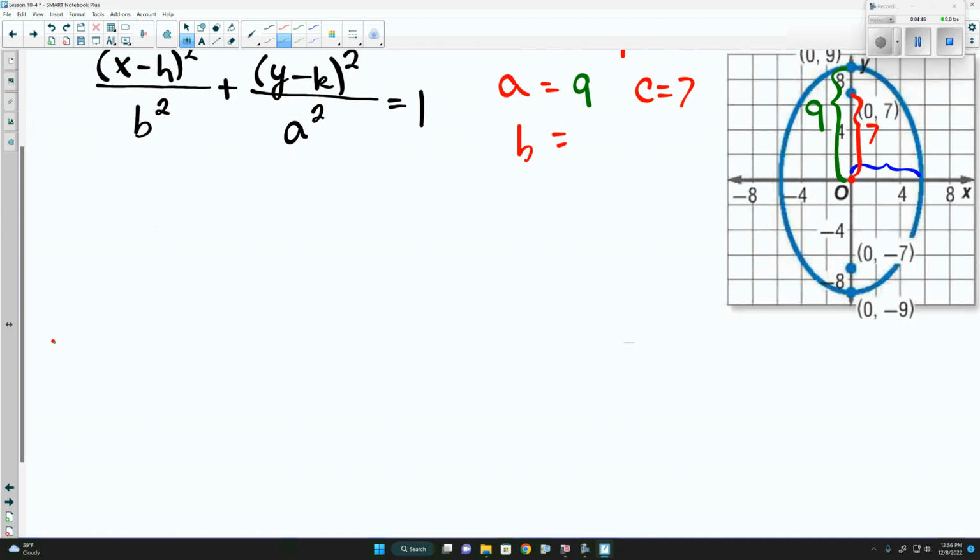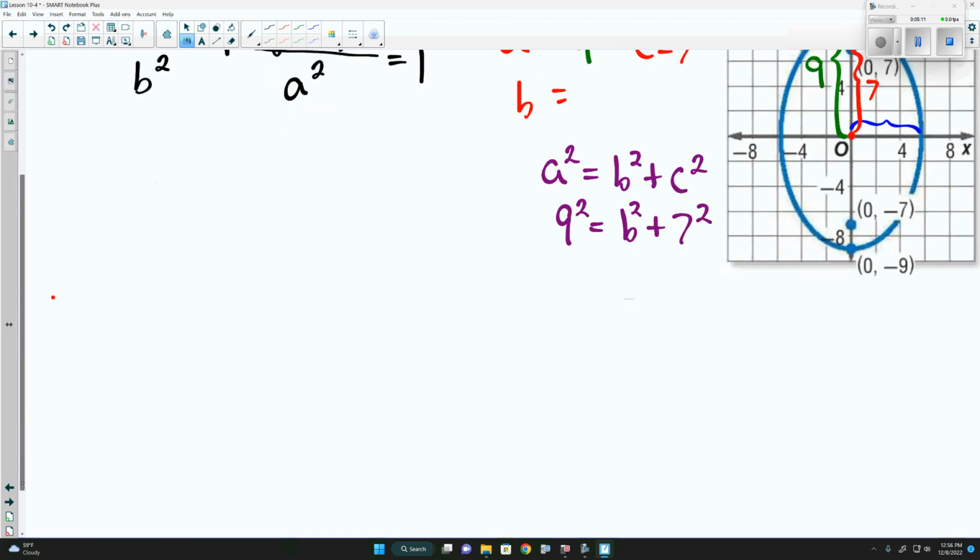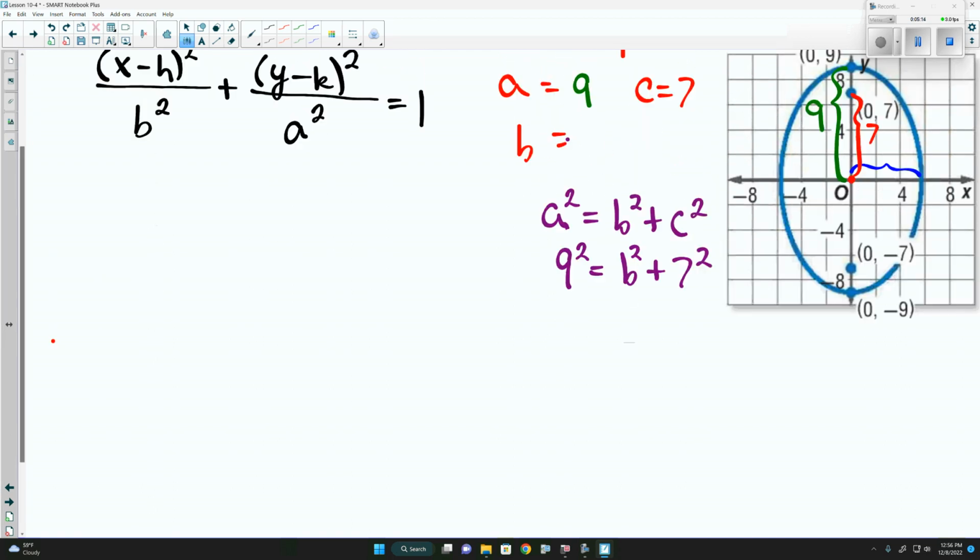So at this point, we need to find the value of B. We'll use the equation A squared is equal to B squared plus C squared to find the value of B. We can plug in our values. A is 9, so 9 squared is equal to B squared plus 7 squared. 9 squared is 81, so 81 is equal to B squared plus 49.